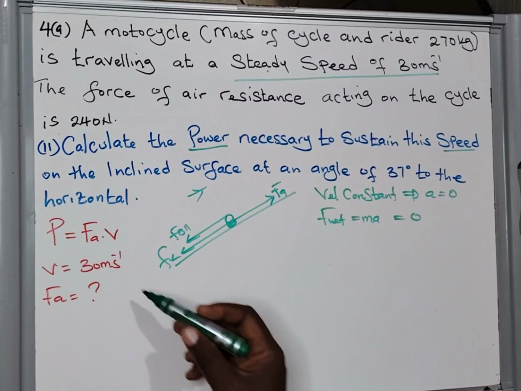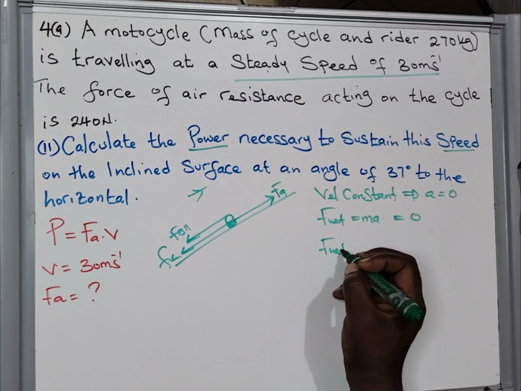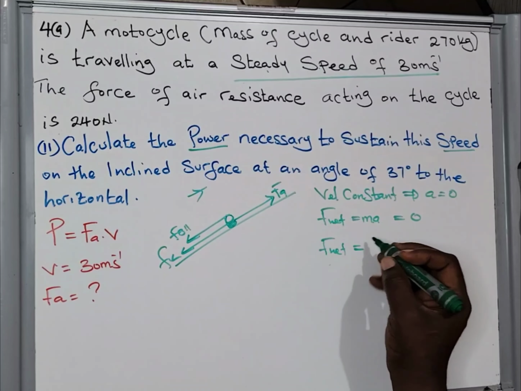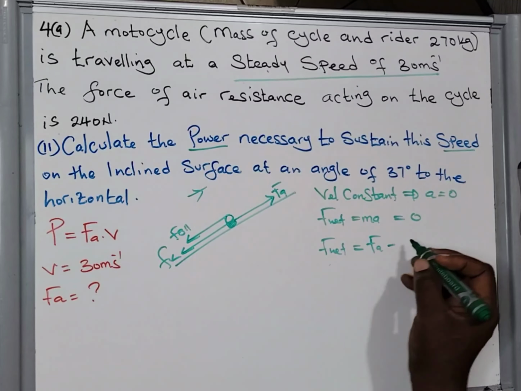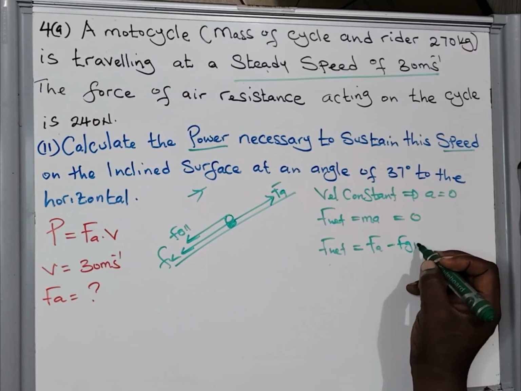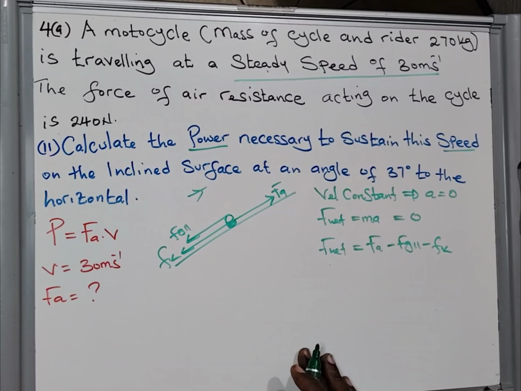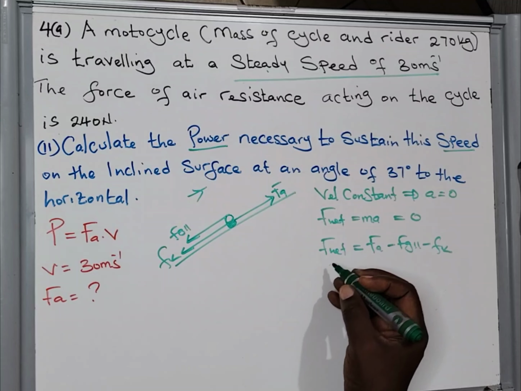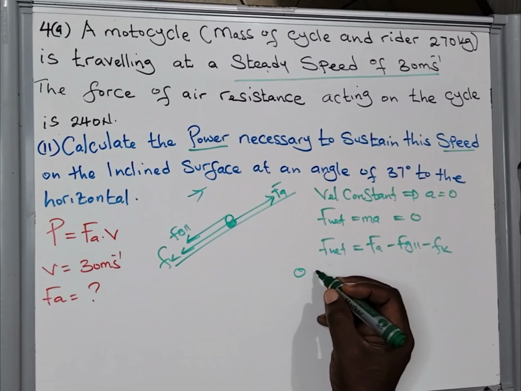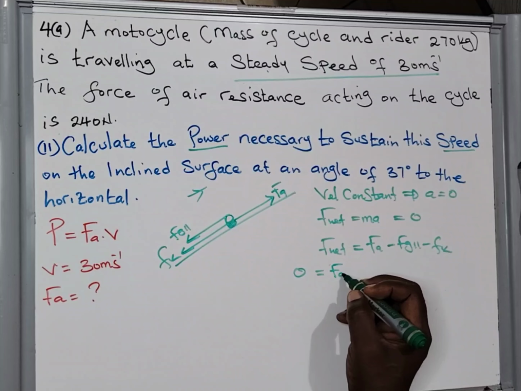But if you get F net in terms of force, you have to remember that F net is equal to sum of forces where the body is going, which is Fa, minus sum of the forces where the body is coming from. So that's the scenario we are having. But you have to remember that F net is zero. Fa is wanted.